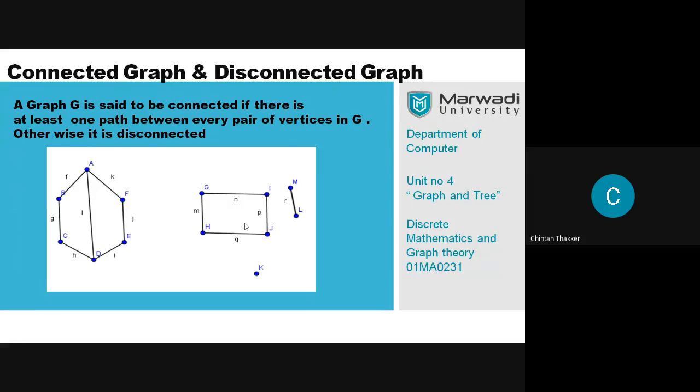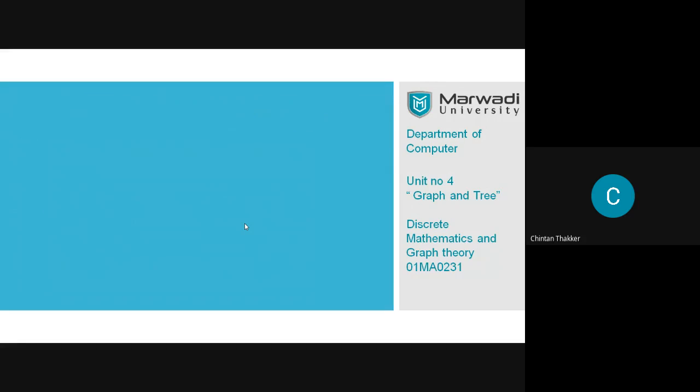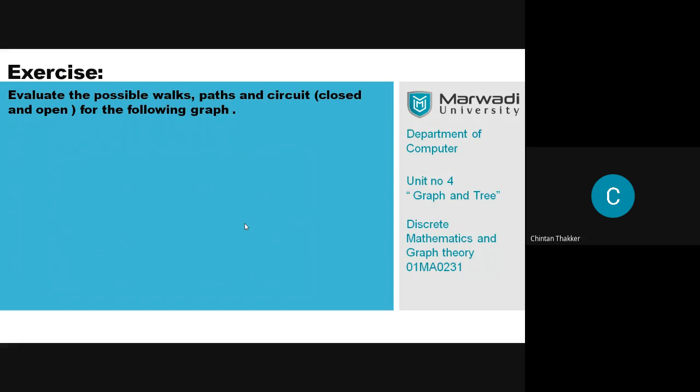Okay, so if you get at least one path between any two vertices of the graph, then that graph is called a connected graph. If you are not getting a path between two vertices of the graph, then it is called a disconnected graph. Okay.